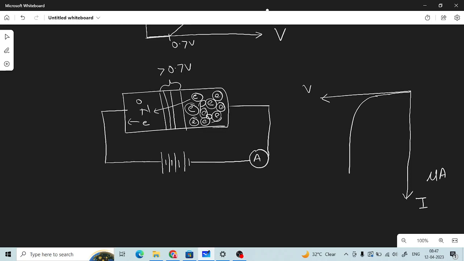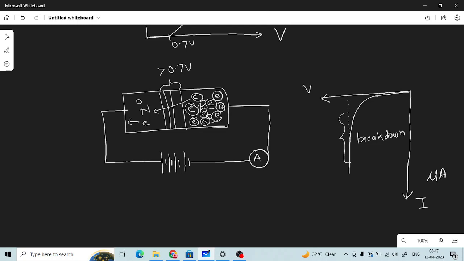Now, if you don't stop this, then it can heat up the PN junction diode, and it will break. So basically, this is called breakdown. We have two types of breakdown. One is the avalanche, and the other one is Zener breakdown. We'll see Zener breakdown separately. But remember here that whenever there is a breakdown, the voltage is almost constant.